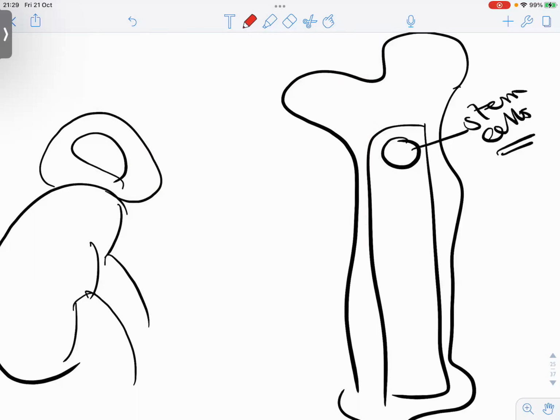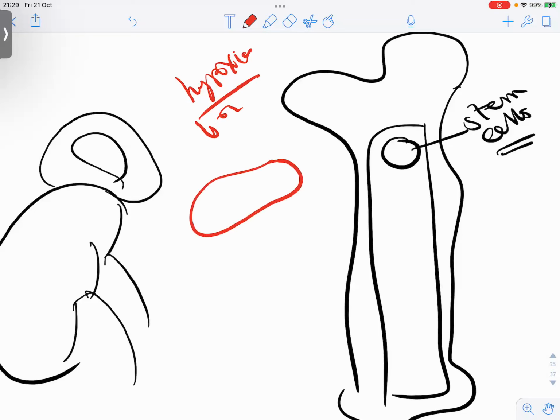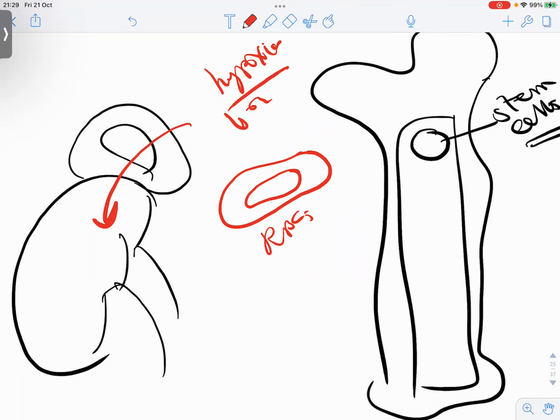When you have hypoxia, it means a decrease in oxygen, and you know oxygen is carried on red blood cells. So this hypoxia stimulates a hormone inside the kidney called erythropoietin.